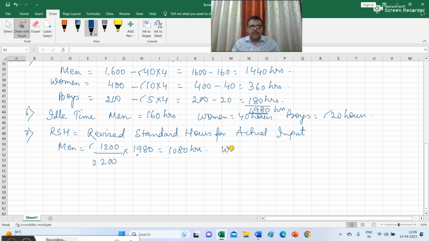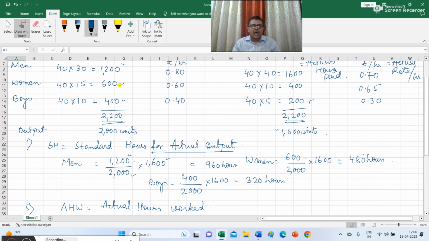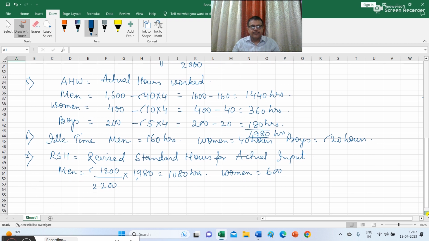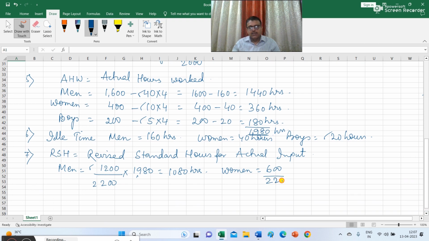Then for women, this is very important. This will be 600. So 600 hours, standard hours was there for a week, for 7 days or for a week. The standard hours for women was 600. Divide this with 2,200 and multiply this with 1,980 and you will get 540 hours.